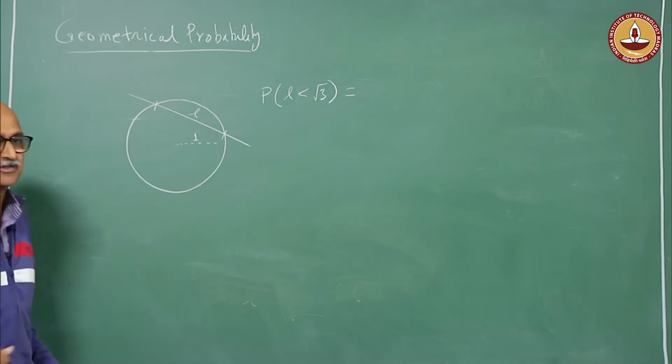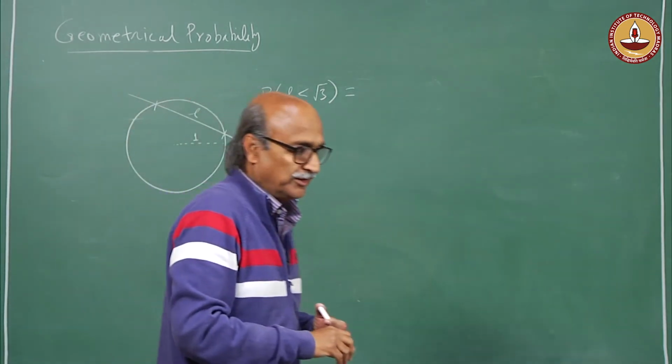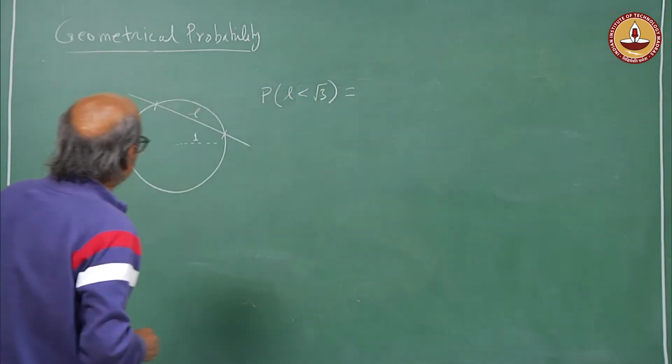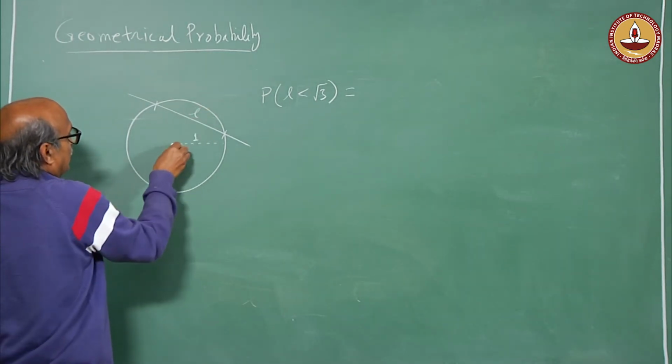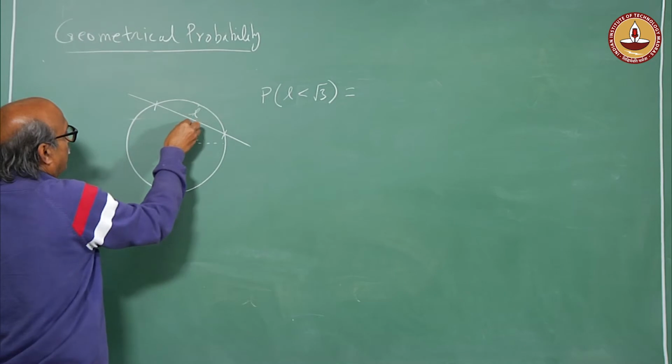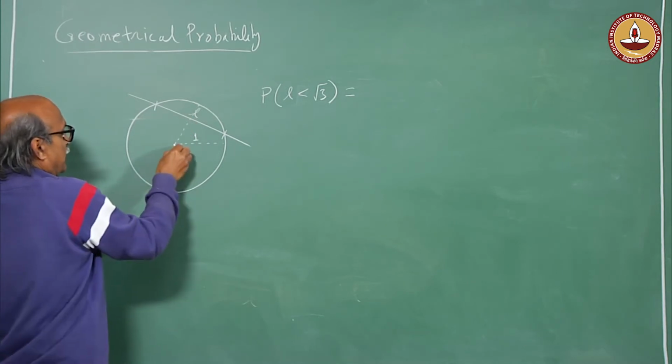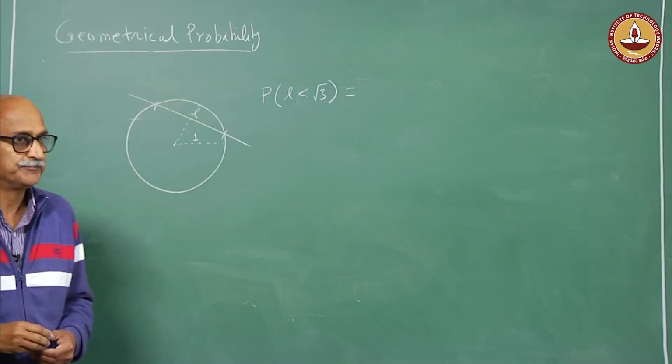Now, in order to look at this particular geometrical probability question, what I can do is, let me drop a perpendicular from the center. Okay.